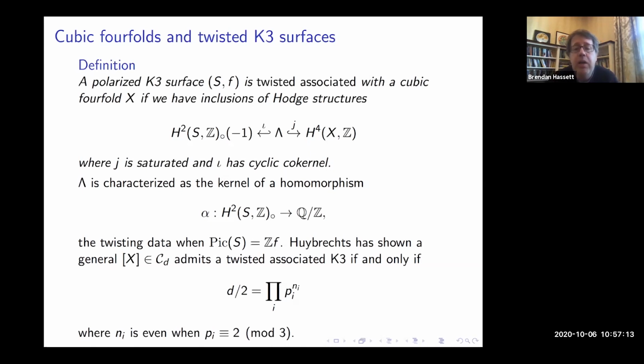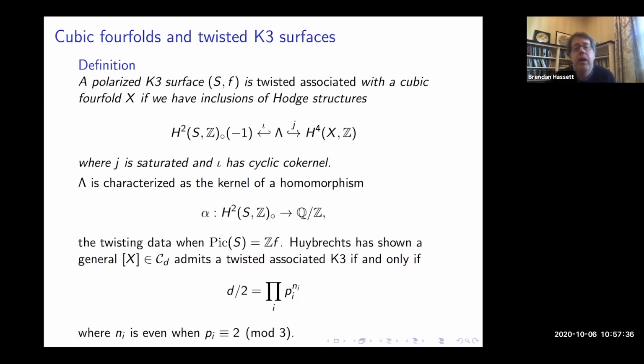There's a relatively straightforward characterization of which discriminants admit these twisted associated K3 surfaces: primes congruent to 2 mod 3 have to appear with the appropriate exponents.